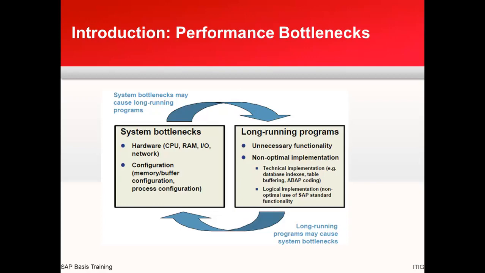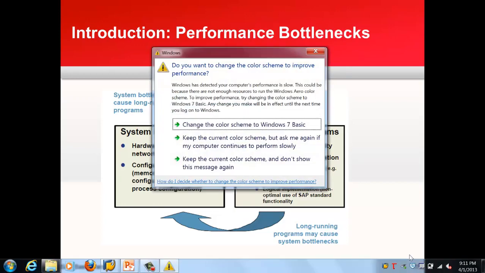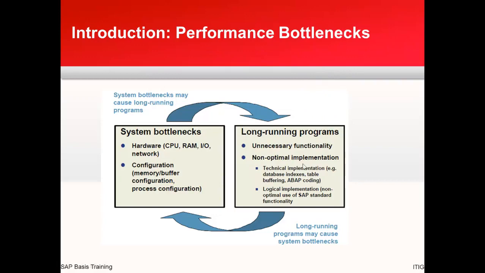Okay, so next thing is long running programs. That is unnecessary functionality and non-optimal implementation, basically the technical implementation, for example, the database indexes, table buffering, and ABAP coding. Then long running programs also include logical implementation, that is non-optimal use of SAP standard functionality.